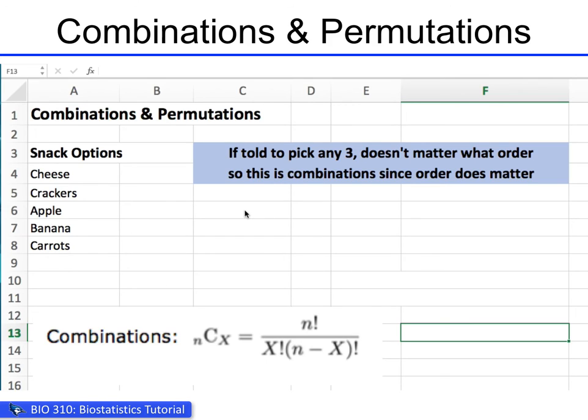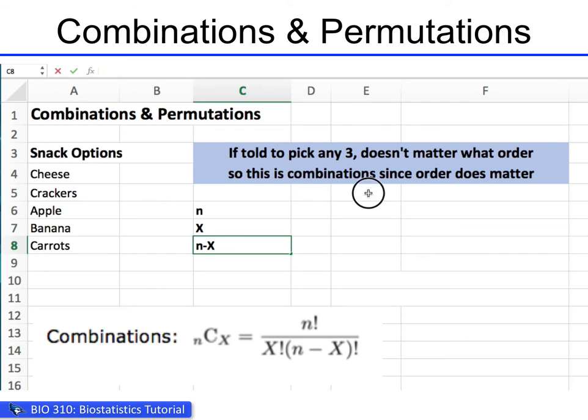Here I'm going to walk you through how you would calculate the number of combinations. When we look at the equation down here, we need to define what n and x are. So here we put n and x, and it's also handy to calculate what n minus x is as well.